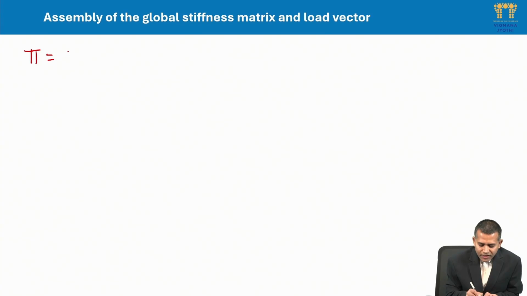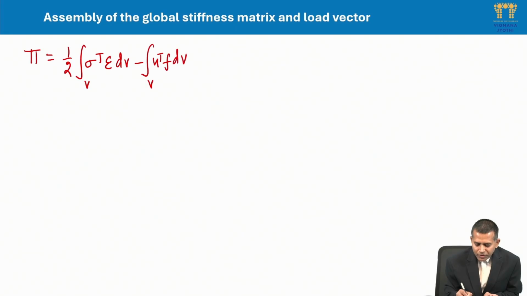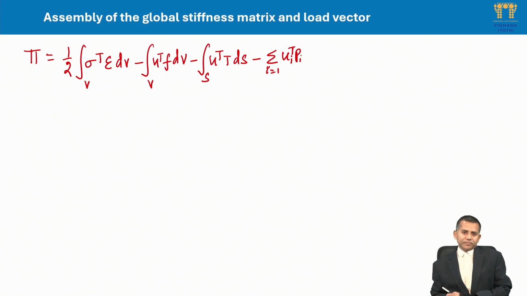The strain energy is the volume integral of sigma transpose epsilon dV, minus the volume integral of u transpose f dV, minus the surface integral of u transpose t dS, minus the sum of all the point loads acting at different locations in a given body, right?